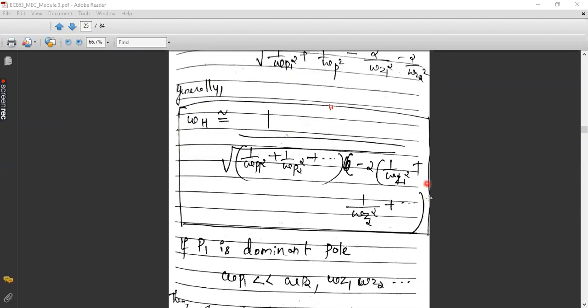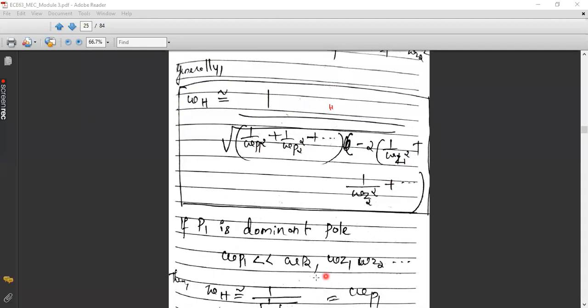And if there is a dominant pole omega p1 existing, it means the value of omega p1 is located in a low frequency region, whereas all the remaining poles omega p2 square till omega pn square and all the remaining zeros omega z1 square till omega zn square, all of them are lying at a very far location, that is more than 2 octaves or more than 4 times.